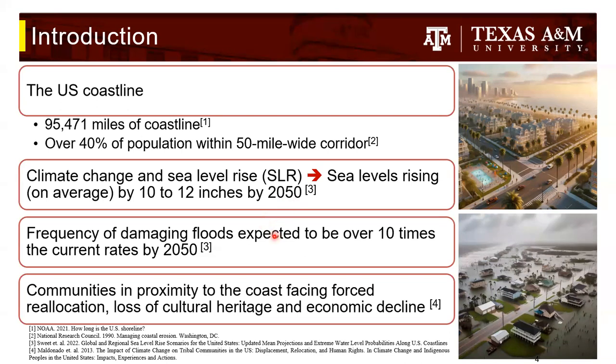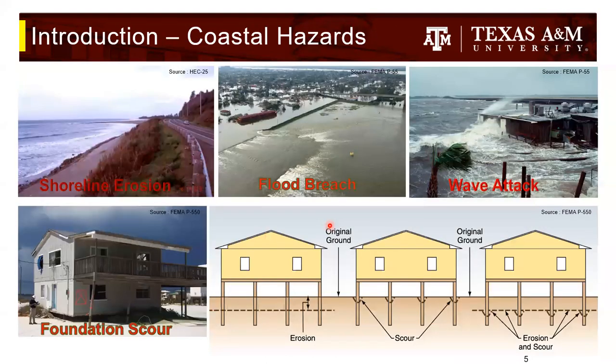They are facing forced relocation, loss of cultural heritage, economic decline, and loss of the blue economy. So these are some significant effects of sea level rise and changing environment on the coastal economy.